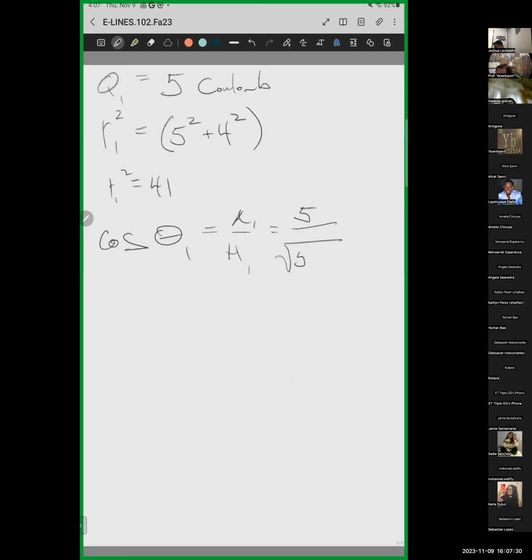And what's the hypotenuse? The square root of 5 squared plus 4 squared, right? Notice I have the square root here in this term. I didn't put the square root above because above asks for r squared. The hypotenuse itself is just r. So at the end of the day, what I'm saying is this.